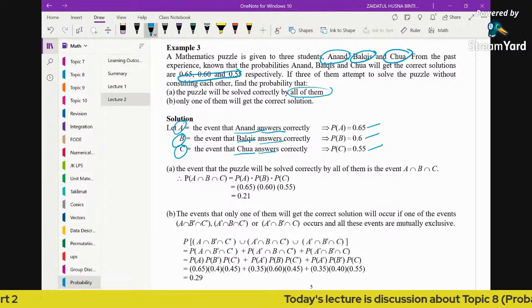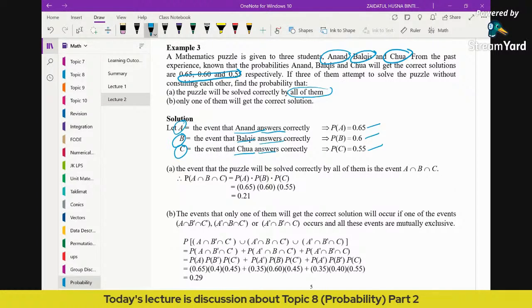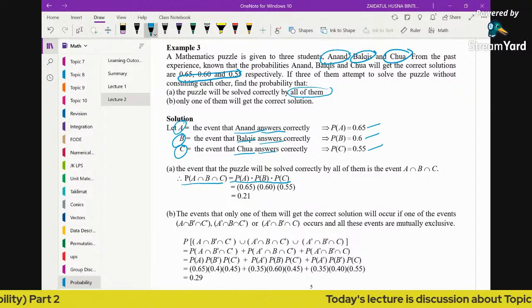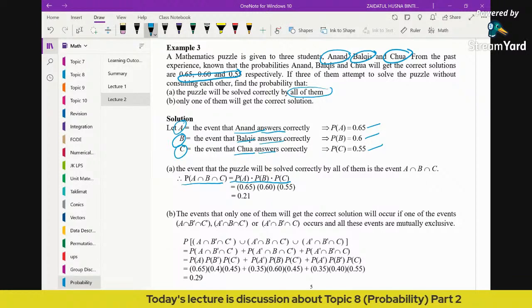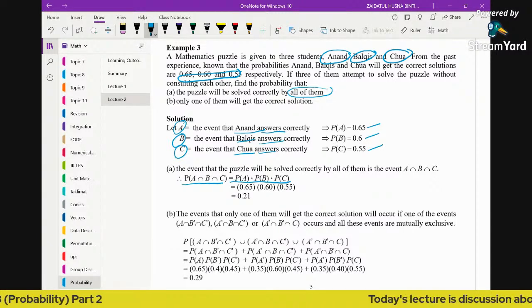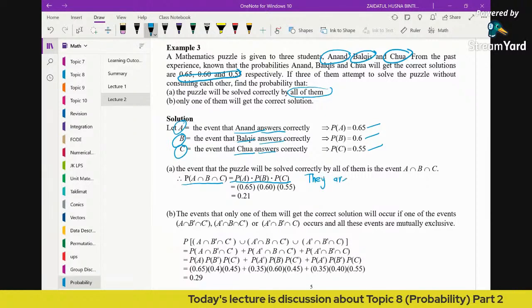How can we obtain this? In this case, we can say that probability of A intersect B intersect C is equal to probability of A times probability of B times probability of C, because they are independent.